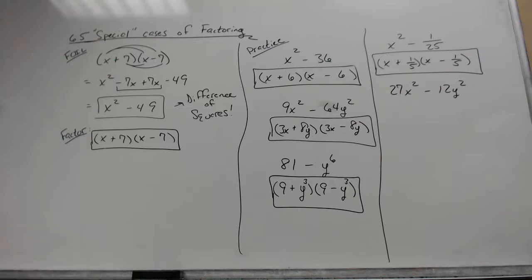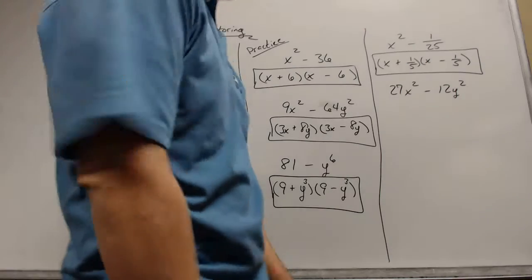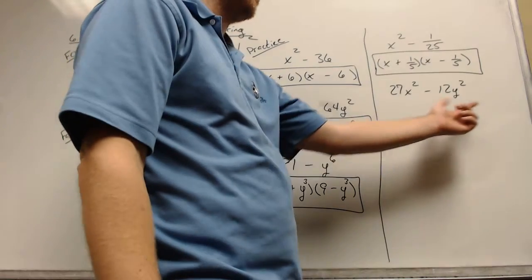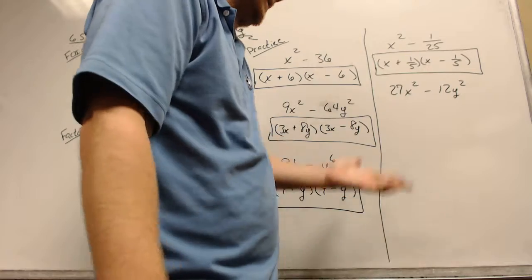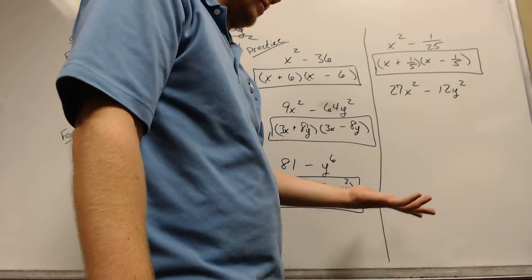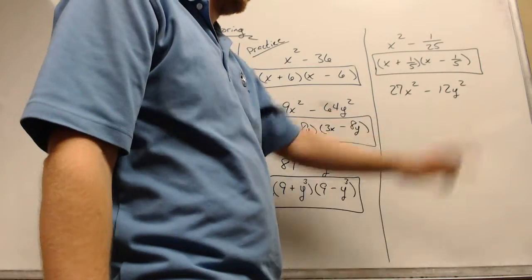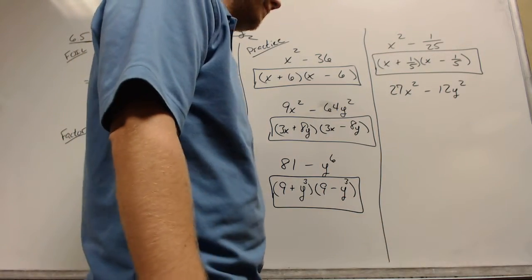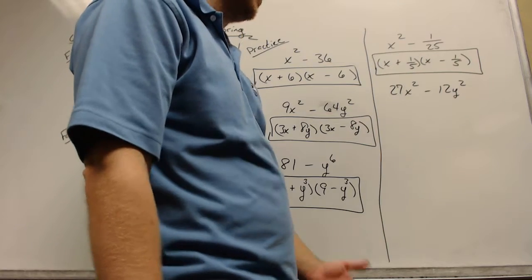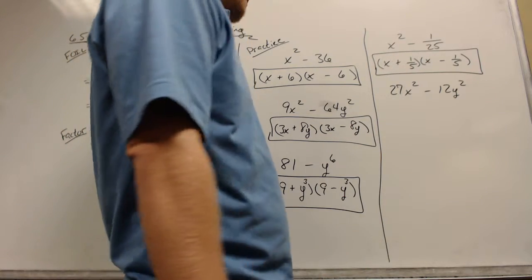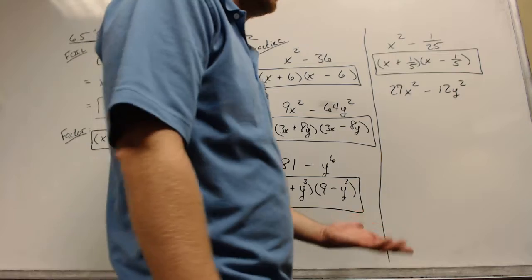And that certainly looks like a difference of squares. The issue being, if I jump straight into trying to unfoil this, what two identical terms multiply to get 27? I don't see any. Are there any two identical terms that multiply to get 12? No. Oh, that's 3 and 4, 6 and 2. It just doesn't exist. So again, as a reminder, always be wary of a GCF.